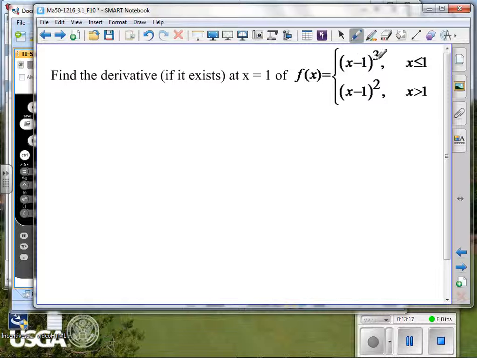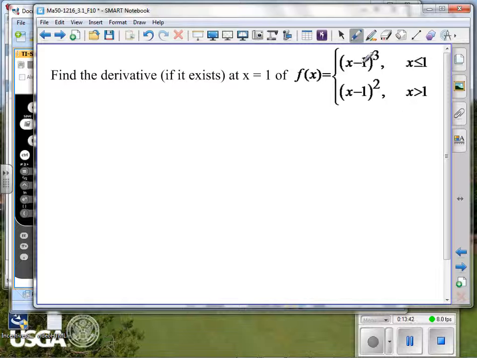Polynomial functions are continuous everywhere, so it would be continuous on this portion of the real numbers. How about x minus 1 quantity squared? Again, polynomial, so it would be continuous there. So the only place this function could be discontinuous would be at the juncture point.